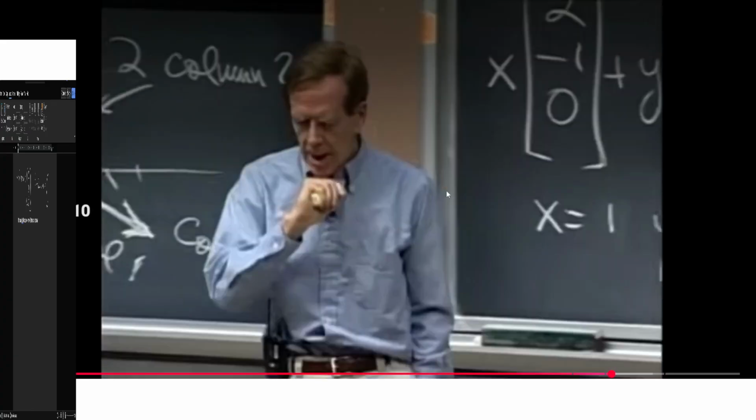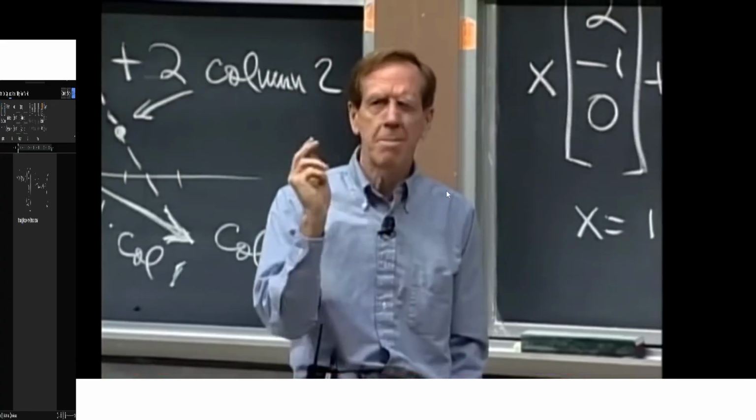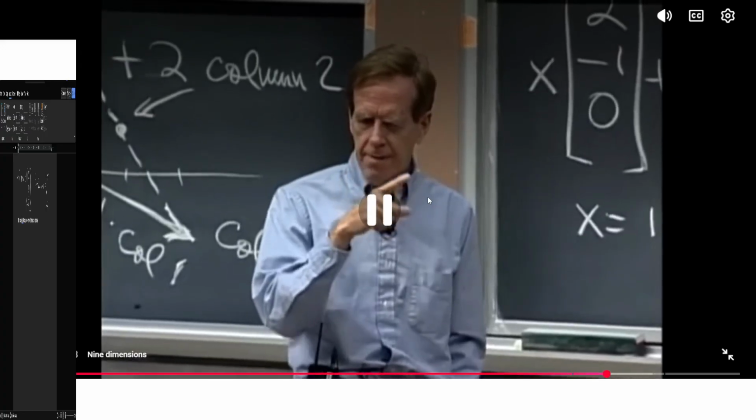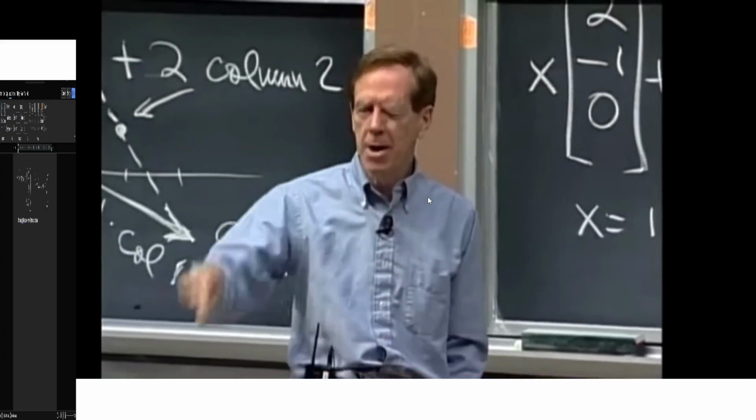But somehow, pretend we have 9 equations in 9 unknowns, then we would have 9 columns, and each one would be a vector in nine dimensions.